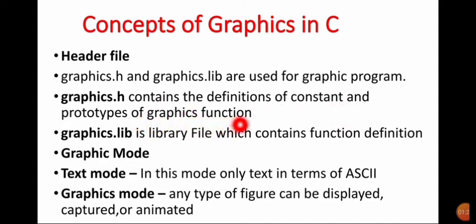What is a prototype? A function, which I already explained in the previous chapter. The prototypes of graphics functions or the definitions of constants are stored in the graphics header file, which you have to use in your C programming.